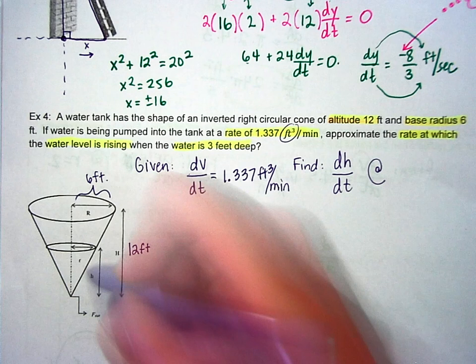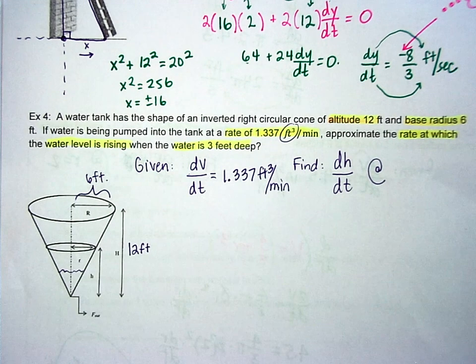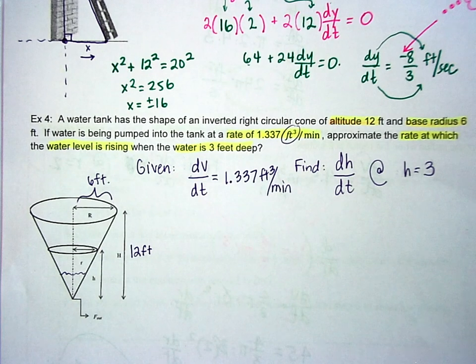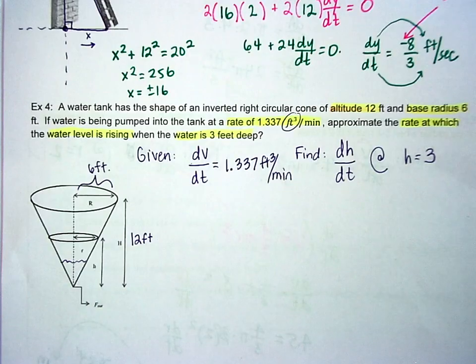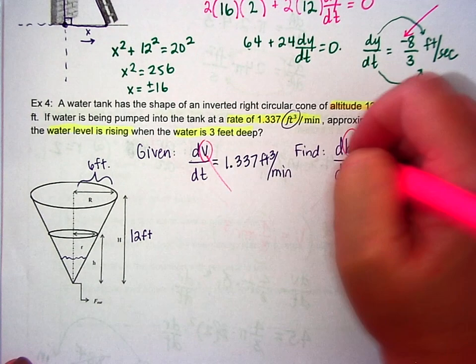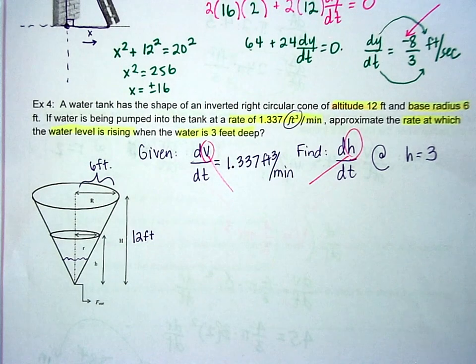Okay? So in case you forgot the volume of a cone, right, that's what we want to use because we've got V here, we've got h here, and we want to be able to relate those two variables. Okay, I'll hook you up. It is V equals 1/3 pi r squared h. Now you've got two options at this point.